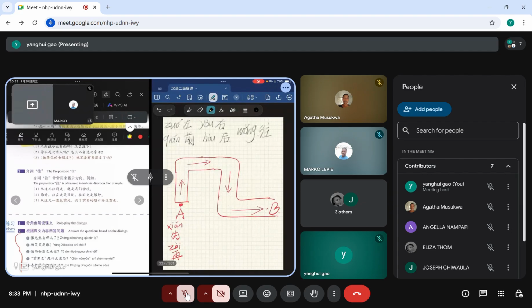Okay, so now look at this. From A to B, what is the first direction and the next direction?